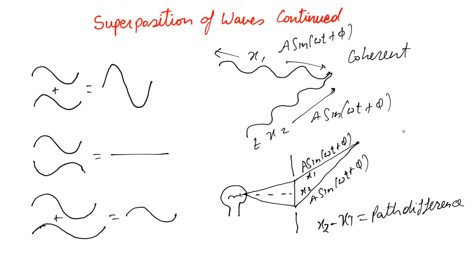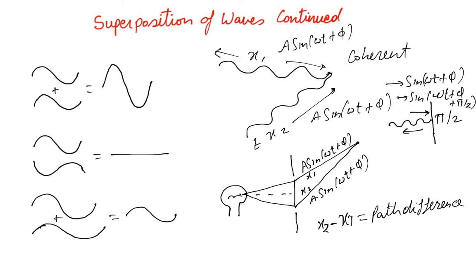Just to give you a sort of side information, if we remember properly, if there was a wave heading towards, let's say, some rigid end, and the wave got reflected backward, then we remember that whenever there is reflection, the wave suffers a phase difference of pi over 2. The wave goes from sine omega t plus phi to sine omega t plus phi plus pi over 2.